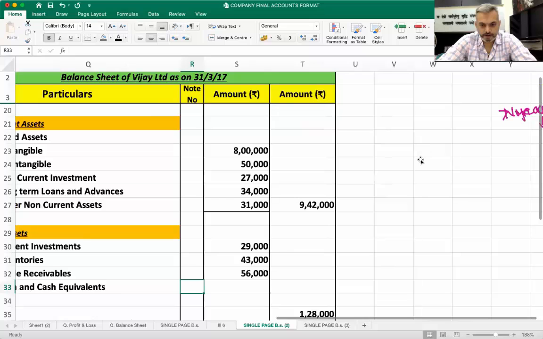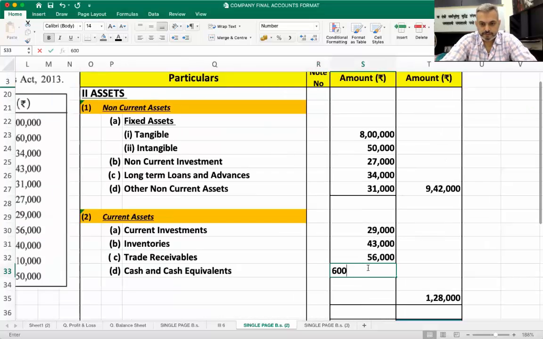You can see over here the second item, 60,000.